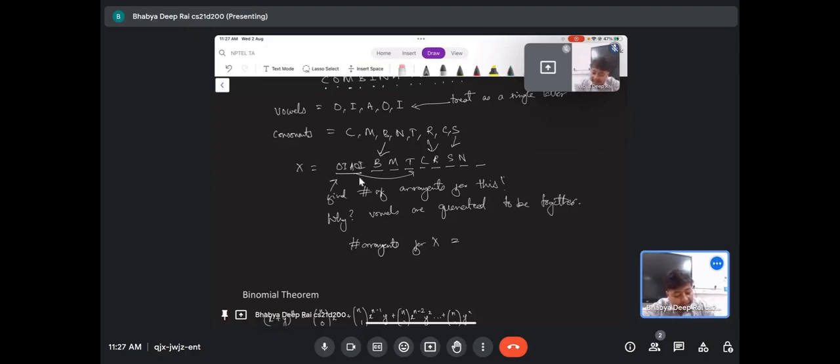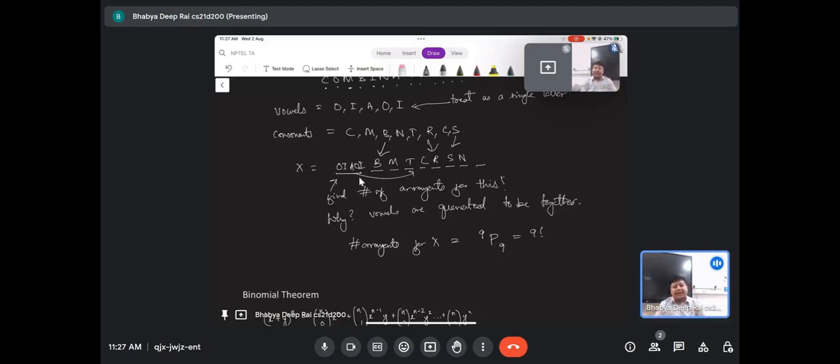There are 8 here, plus 1 here. There are 9 letters. Number of arrangements are 9 permutation 9, and you need to arrange all of them, you don't make a choice from them, which is nothing but 9 factorial.